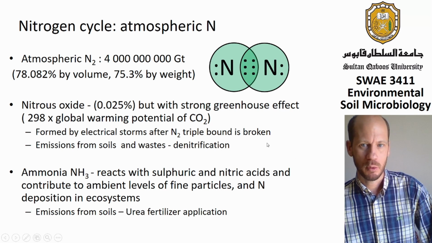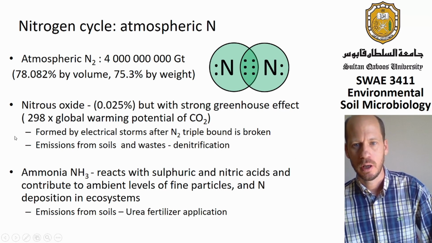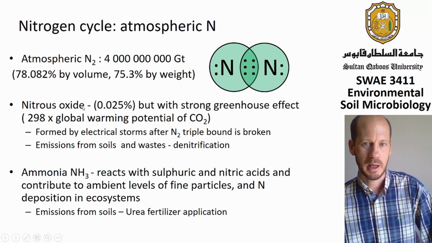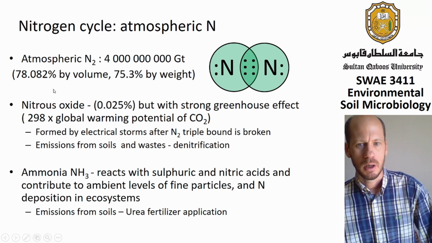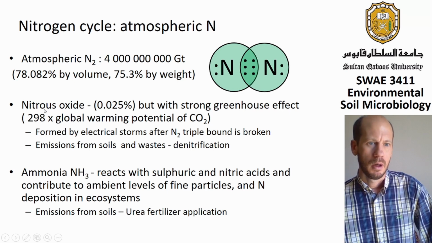The reason it's stable is the triple covalent bond between the two nitrogen atoms, and also the lack of unpaired electrons makes it really hard for this molecule to react chemically with other compounds. So it's almost inert, and it takes a lot of energy to break that triple bond.